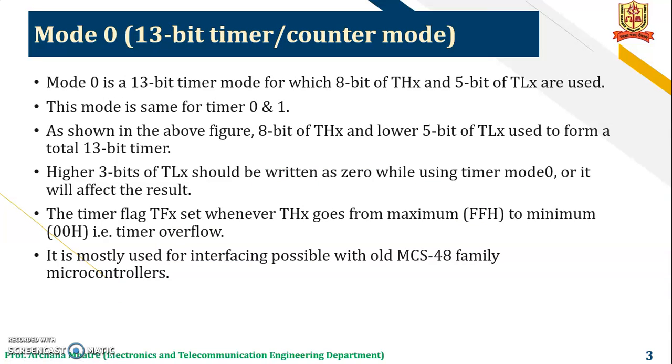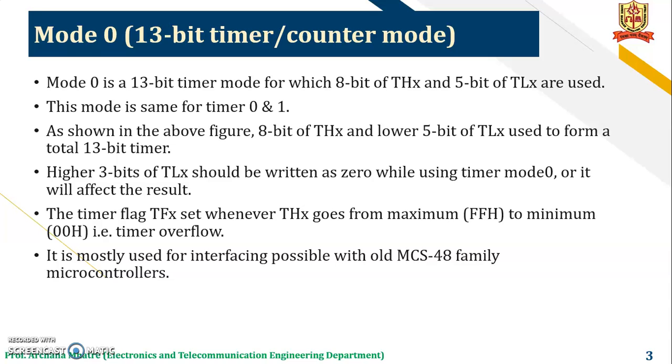Mode 0 is a 13-bit timer mode for which the 8 bits of THX are used, where X will be either 0 or 1, and 5 bits of TLX are used. This mode is the same for timer 0 and 1, as shown in the figure above. The 8 bits of THX and lower 5 bits of TLX form a total 13-bit timer.